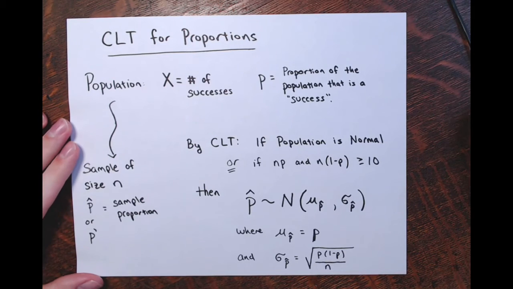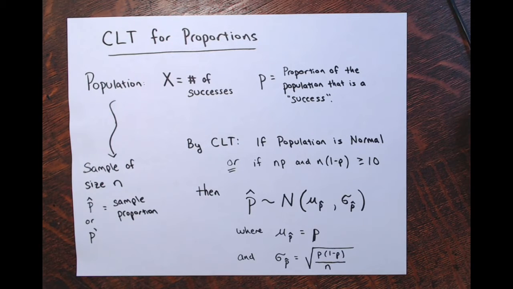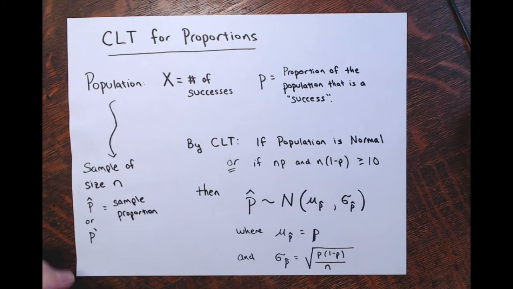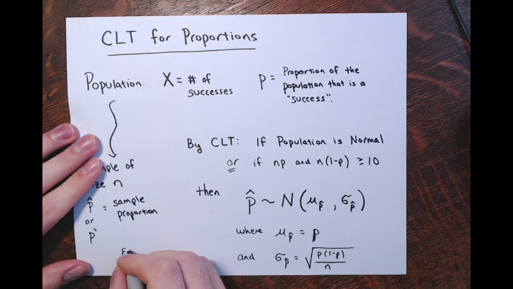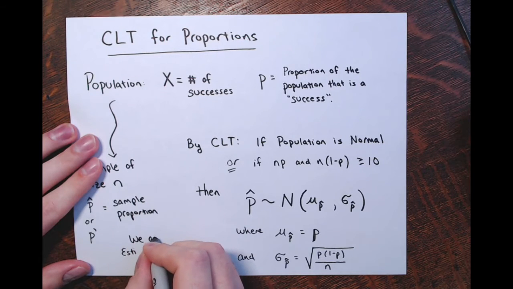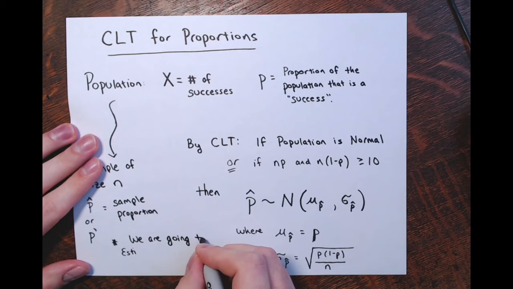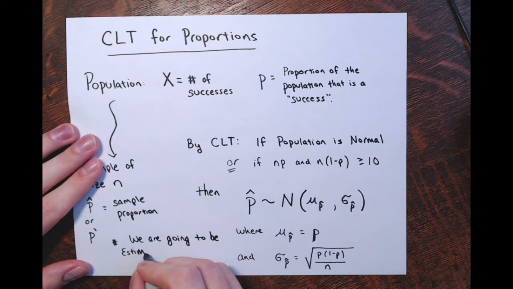Now, in section 8.3, we are going to be estimating p. We're going to be creating confidence intervals for this population proportion. So very often we are going to be estimating p with a confidence interval.